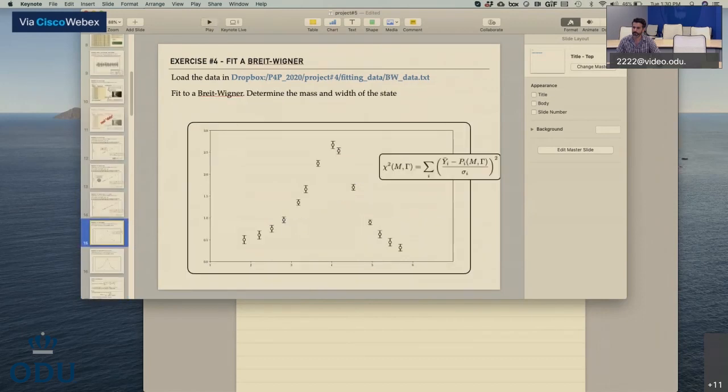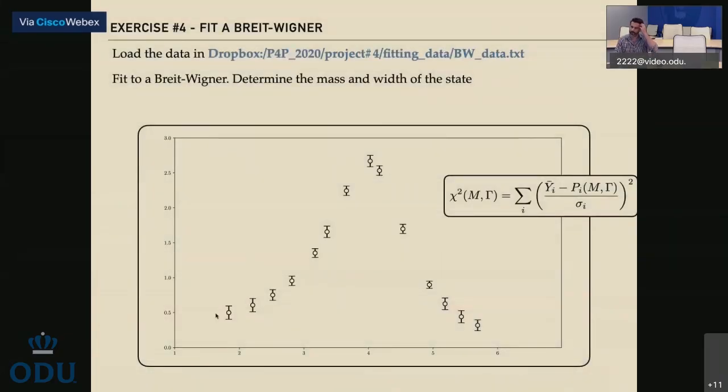And then the last one was, I gave you some data for a Breit-Wigner distribution. So here's some data that I generated in a text file over here. This is supposed to mimic a particle experiment.